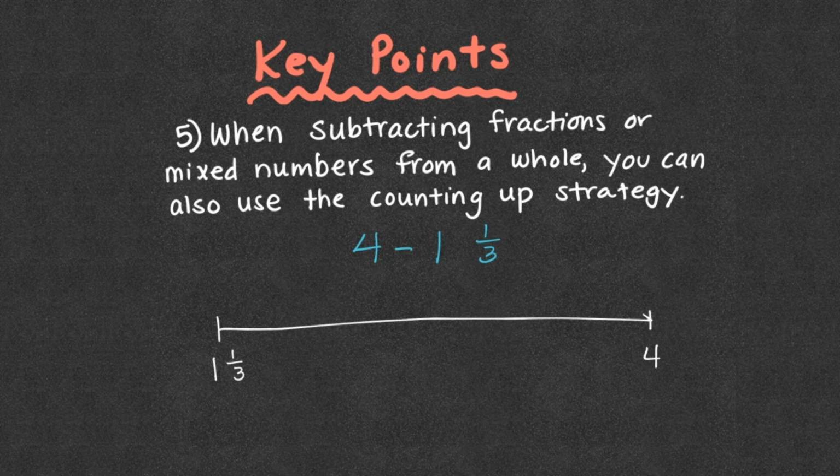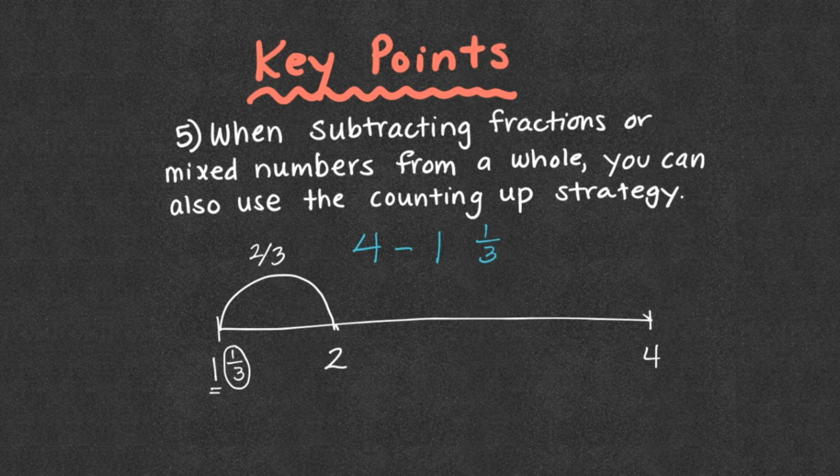Now we have to think, I want to get 1/3 to the nearest whole. So if I have 1/3, how many more thirds would I need to have the next whole? I would need 2/3 more, because 2/3 plus 1/3 is 3/3, and 3/3 is 1 whole. So if I had 1 already, so this 1 in front, plus another whole, that would put me at the number 2.